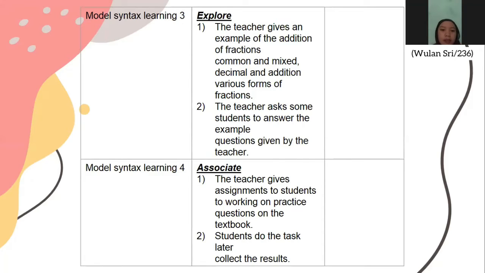Model syntax learning 4. Associative. 1. The teacher gives an assignment to students to work on practice questions from the textbook. 2. Students then collect the rules.